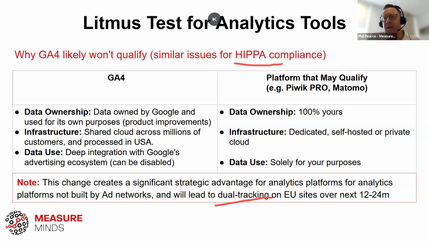Now there could be a last minute change and some sort of agreement done, or Google introduce some ways of doing self-hosting for GA4, or almost like an on-premise or Urchin style mode, but that doesn't exist at the moment. But that would be my hope.